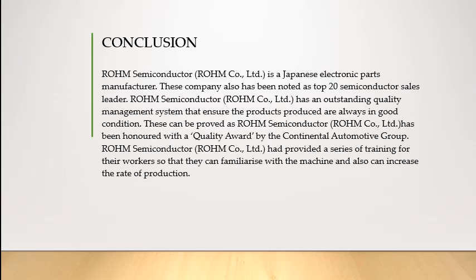This prize reflects the fundamental importance of quality management, which is part of the company mission since its foundation in 1958. Besides, ROM Semiconductor Company provides a series of training for its workers so that they can familiarize themselves with the machine, which will also increase the rate of production.